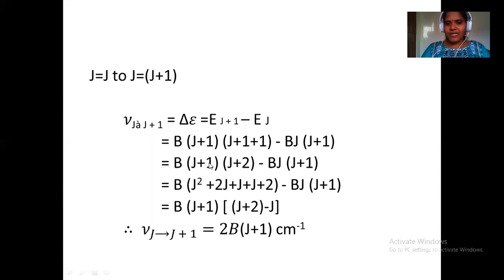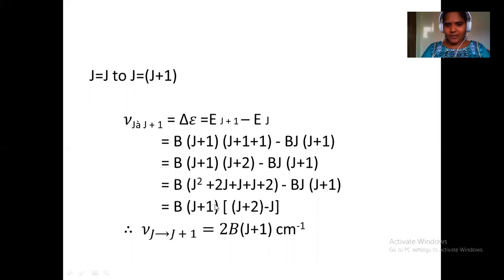So if you simplify this, I'll get B into J plus 1 into J plus 2 minus BJ into J plus 1. Here I have the B into J plus 1 term common.